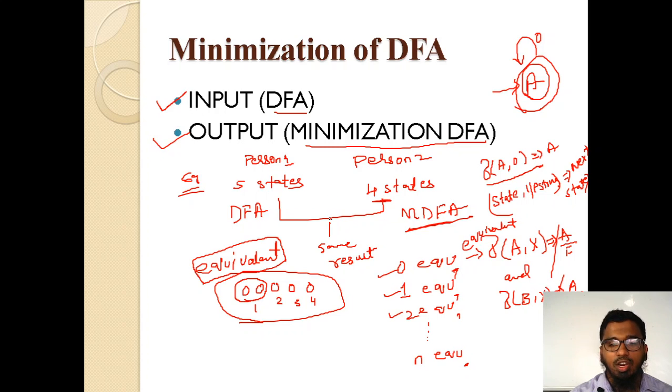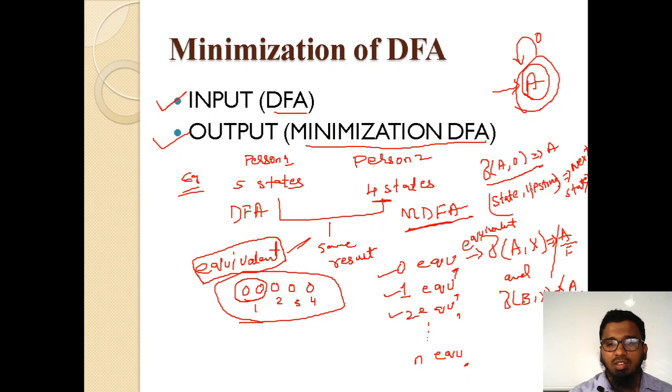Based on that, we minimize with the help of the equivalence method, and we change to a minimized DFA. There will be 0 equivalence, 1 equivalence, 2 equivalence, 3 equivalence, and so on.